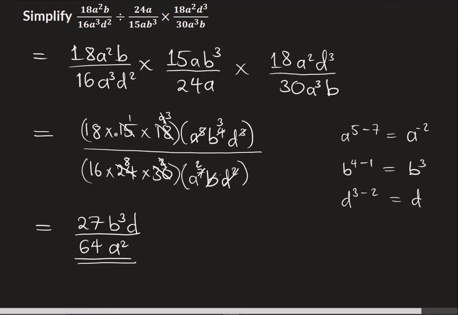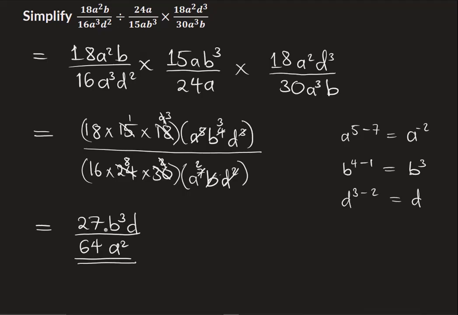I'm sure most of you will be asking yourself, how can this calculation come to 27 over 64? It's simple. If you divide 18 by 2 and this 8 by 2, you easily come to 9 times 3, which is 27, and 16 times 4, which is 64. So it's the same thing by hand or by calculator.